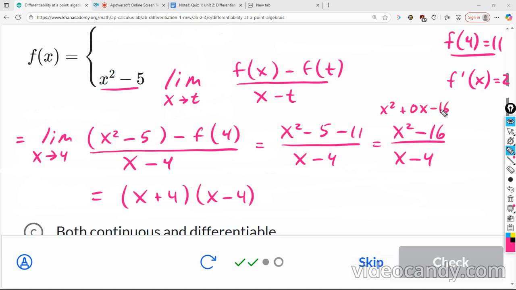Okay, so you want two numbers that multiply to negative 16 and add to 0. If you wrote out the factors for negative 16, that's just going to be negative 4 times 4. Okay, negative 4 times 4 equals negative 16. Negative 4 plus 4 is 0. So I just used negative 4 and positive 4 right here when I factored. And let me make some room.